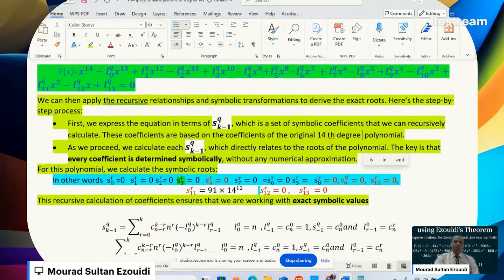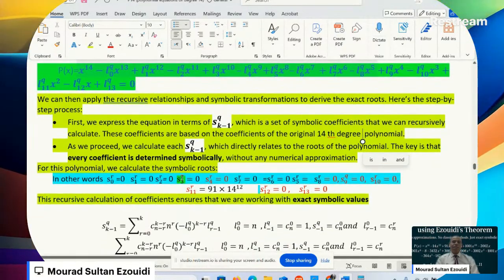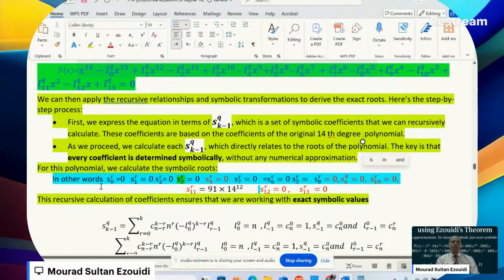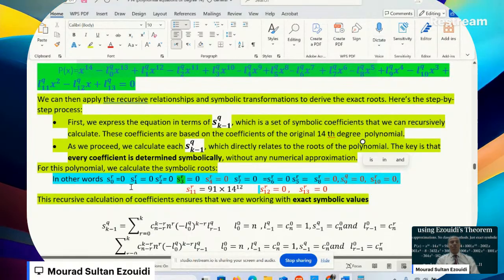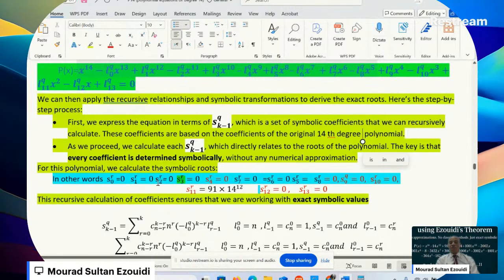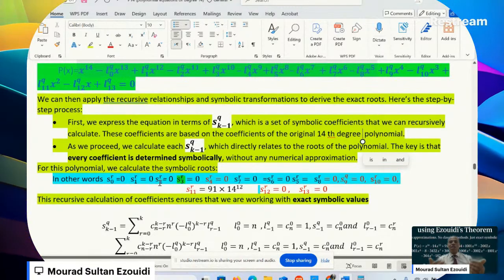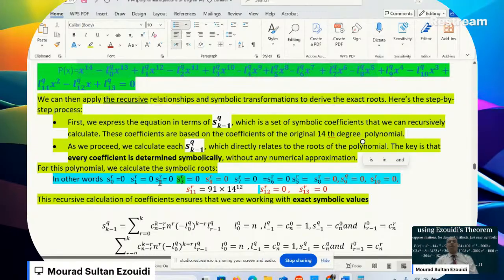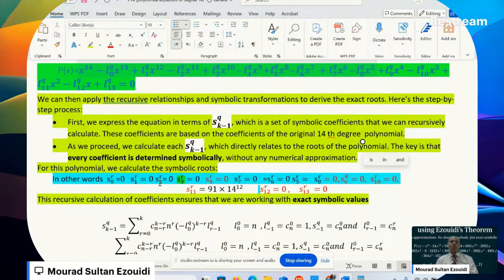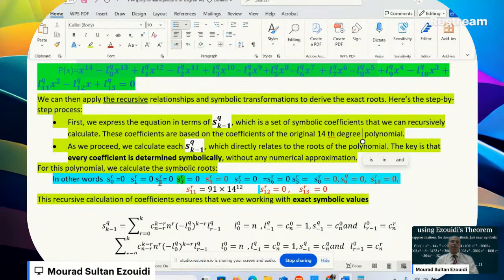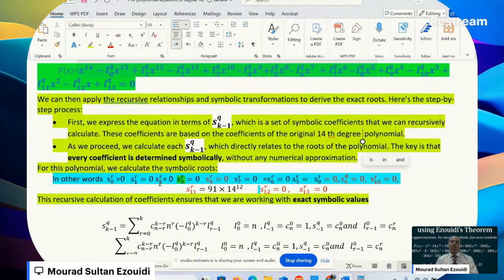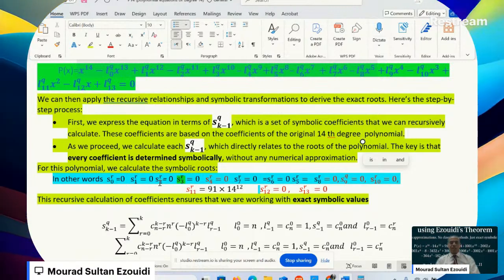For this polynomial, we in fact calculated the symbolic root. In other words, S0 is equal to 0, S1 is equal to 0. This means we collapsed the 14th degree polynomial equation and reduced it to lower power.